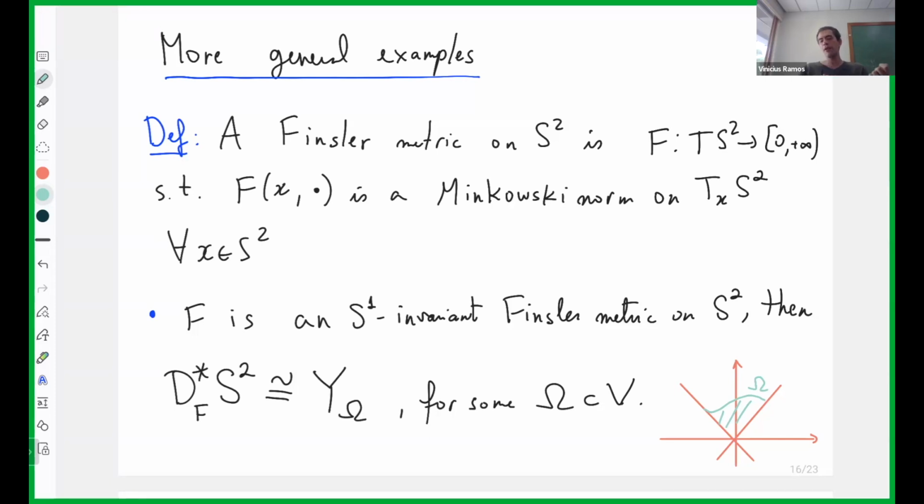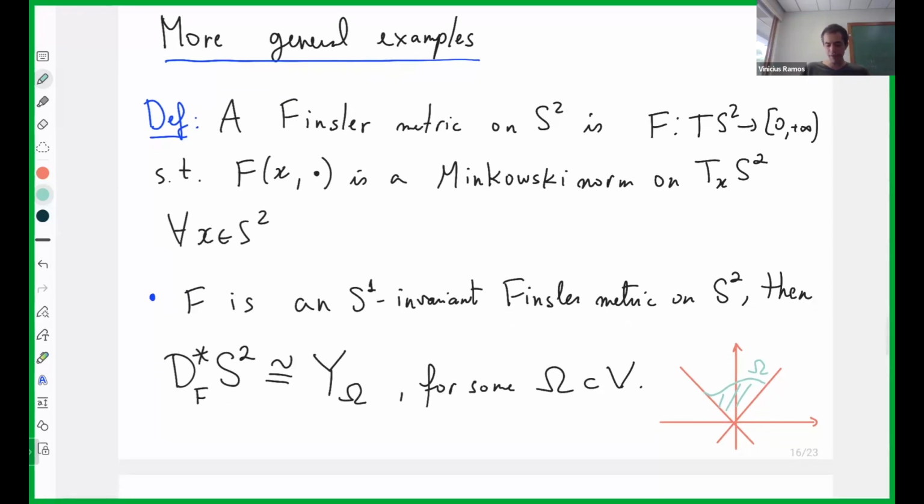So it's basically a norm on every tangent space that's not necessarily symmetric. It's just positive homogeneous, and it satisfies the triangle inequality. And so it's more general than a metric. So we have geodesics, but the geodesics are not reversible.